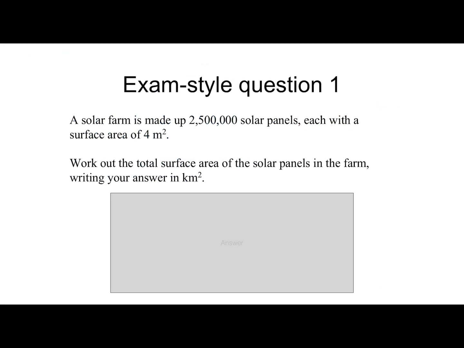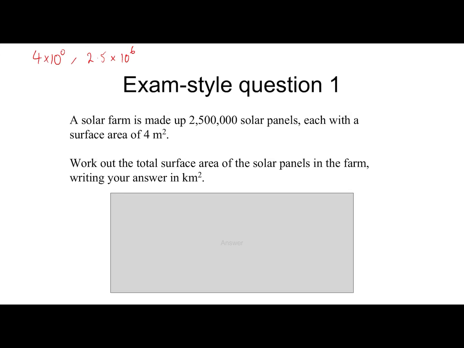So what I would do first is I would change each of these numbers to standard form. So 4 can be written as 4 times 10 to the power of 0. Okay, i.e. don't move the decimal point at all. And then 2.5 million we can write as 2.5 times 10 to the power of 6.